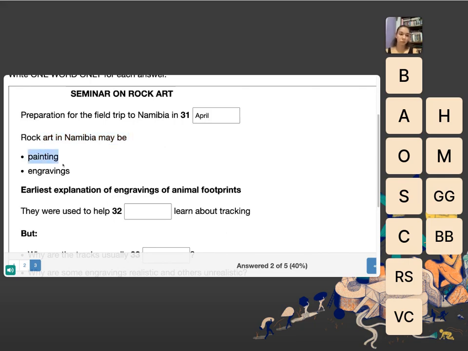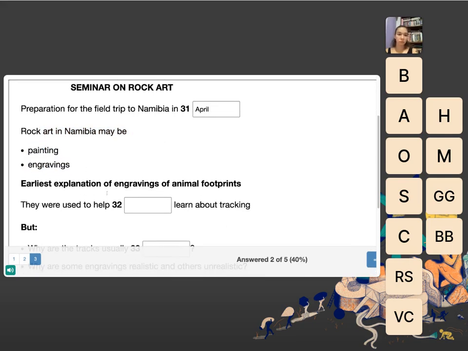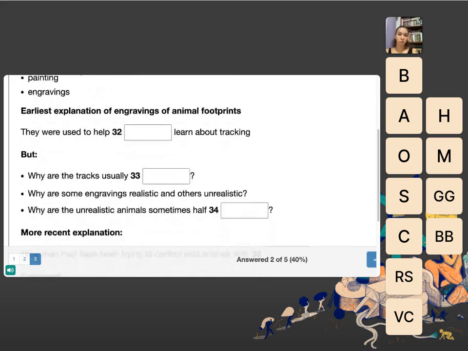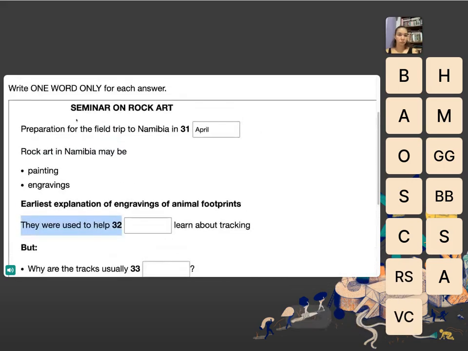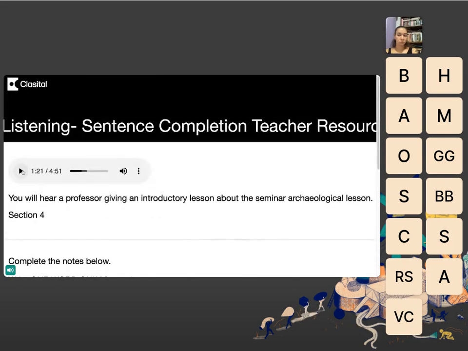That's where the surface of the rock is cut out. Many of the engravings show footprints of animals, and most scholars used to think that the purpose of these was simple and obvious. This rock art was like a school book with pictures to teach children about tracks, which track belonged to which animal, giraffe, lion, and so on.